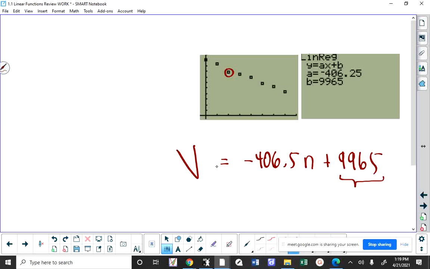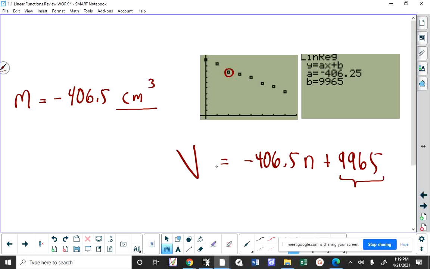What does this mean? The most important thing is that the slope is negative 406.5. 406.5 what? Dollars? Bananas? Well, it's rise over run, and the rise is cubic centimeters.